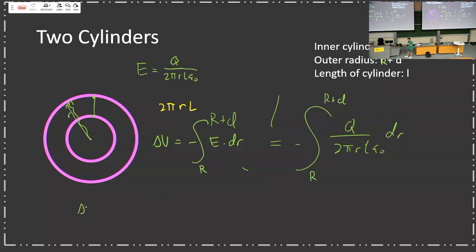So delta V is equal to, technically minus Q over 2 pi L epsilon naught, there's no R there. You never saw that. That never happened. Integral 1 over r dr between big R and R plus D.